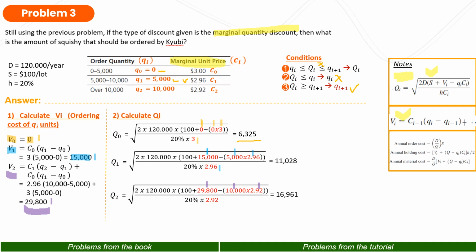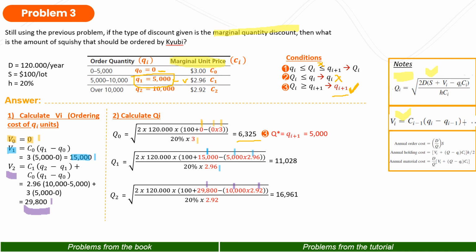And yes, it is right that the big Q0 is bigger than the little q1. Then we use the q star for this, we use the amount of the little q after that, which is 5,000 units.